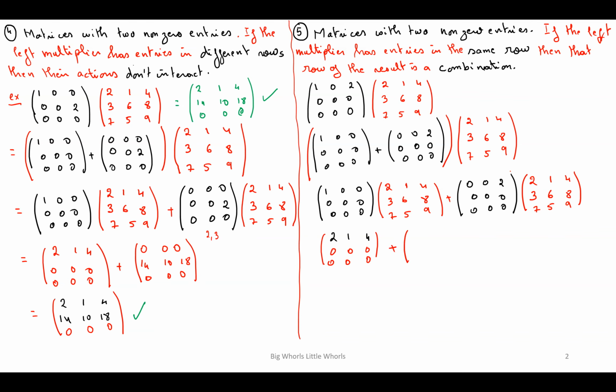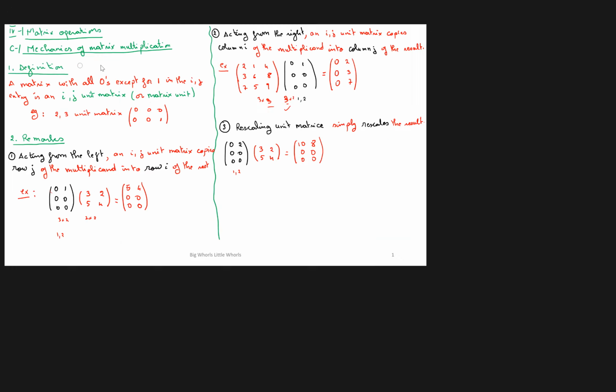Plus here, this is 1 by 3, so it copies the third row into the first row and multiplies it by 2. The third row is 7, 5, 9, so we have 14, 10, and 18.